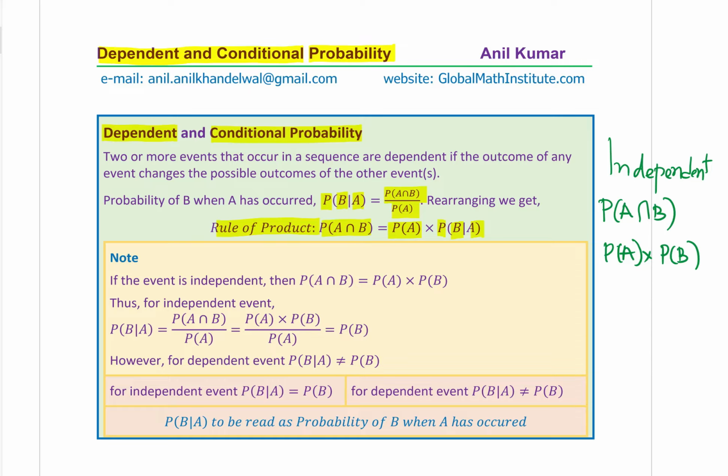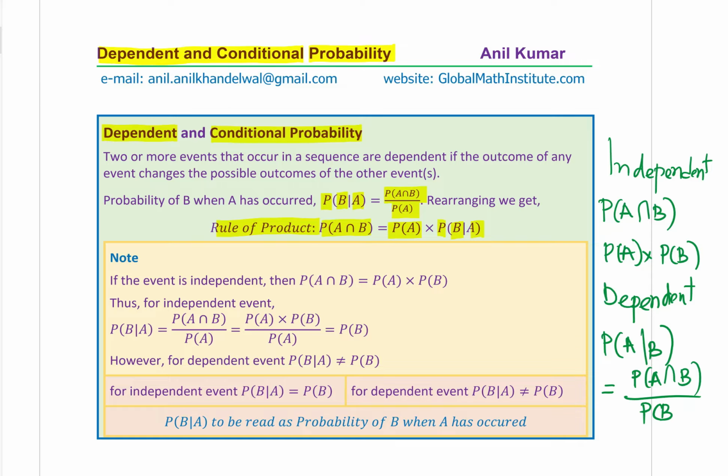However, when you have a dependent case, the formula changes. When we say probability of A when B has occurred, I'm writing it in a different way than it was written there, it is equal to probability of A intersection B. Remember, A intersection B and B intersection A is one and the same thing, right? And in the denominator, you get probability of B, what has happened already, correct?